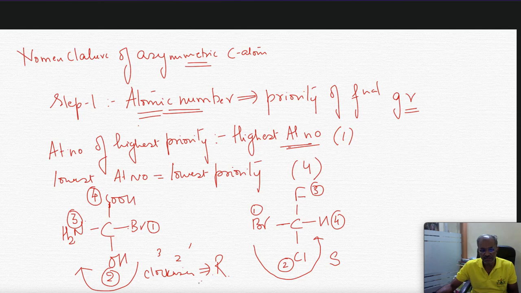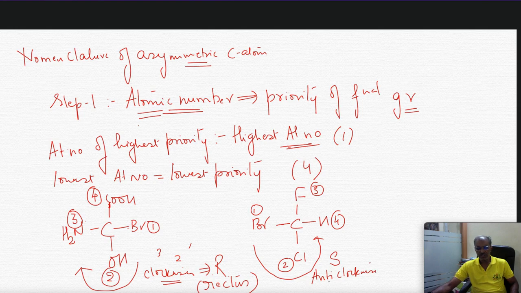R has come from the word rectus, which is a German word. In German, rectus means on the right-hand side, that means clockwise. Clockwise is denoted by R, and anticlockwise is known as S. S is sinister.